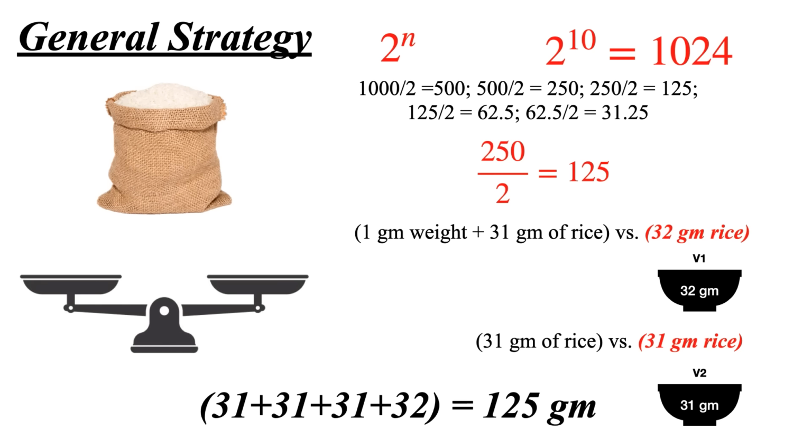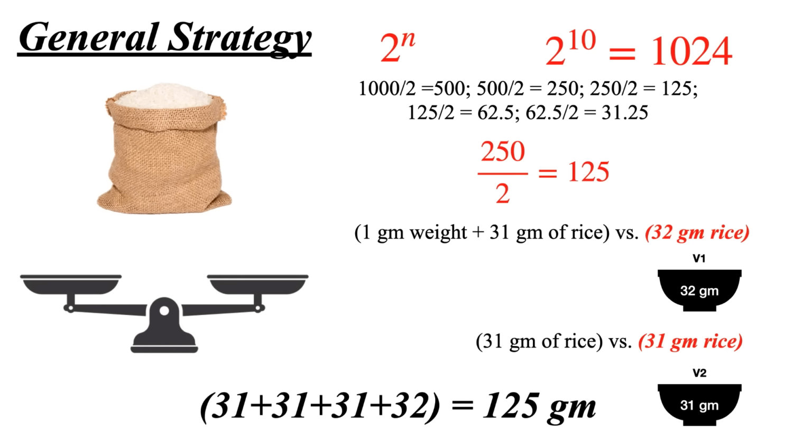Precisely here lies the trick. If we don't grow double at any step, we are not going to achieve the minimum weighs to get 1 kg of rice. So we have to get to 125 gram quicker than this. One way, as you can contemplate, is to just double or approximately double in each step to get the minimum required weighs.